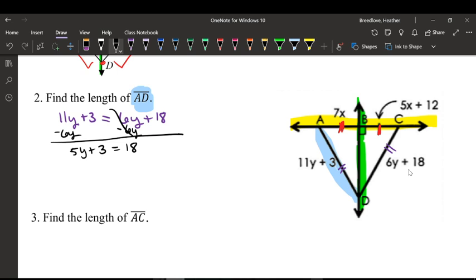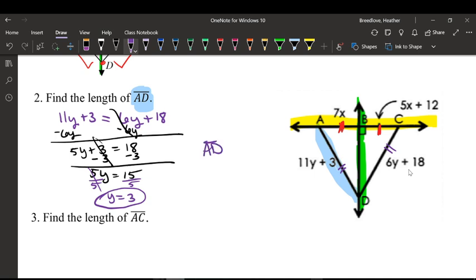And then we can subtract 3. So 5y equals 15. And divide by 5. So y equals 3. But we're not asked to find y, right? We're asked to find the length of AD.